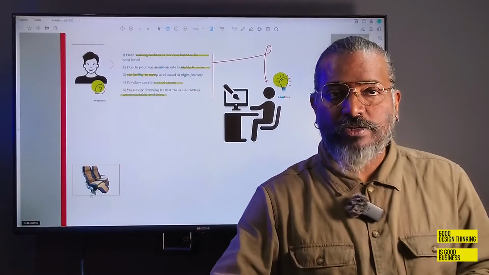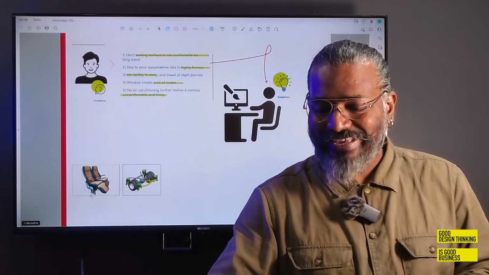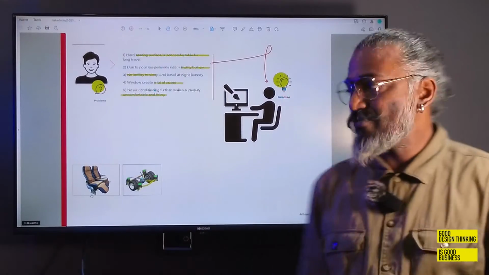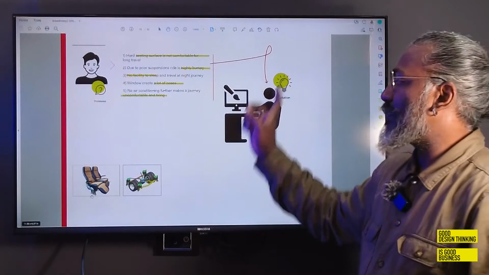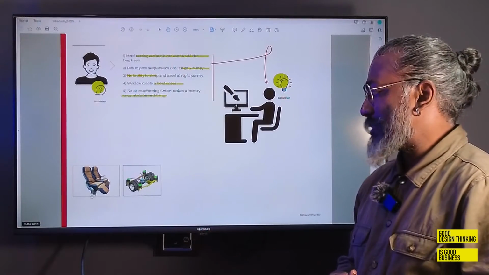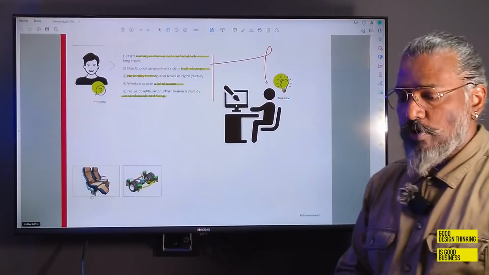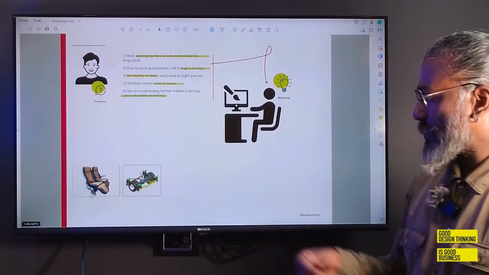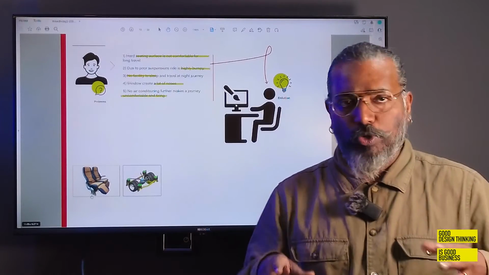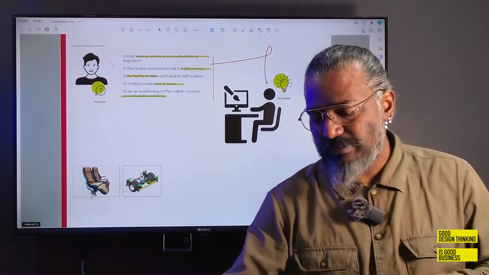And then the second thing is, how do we reduce the bumpiness, okay? Maybe having a better suspension or air suspension, or having all the latest technology which controls the bumpiness.